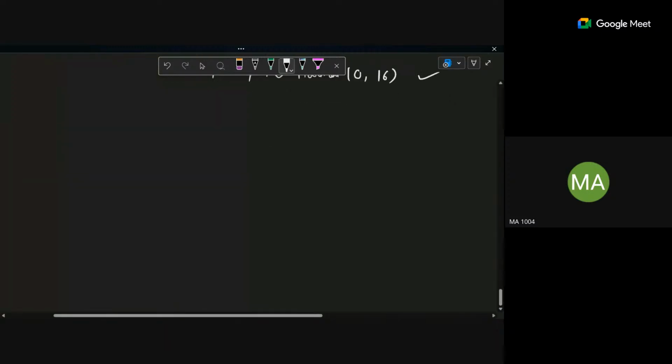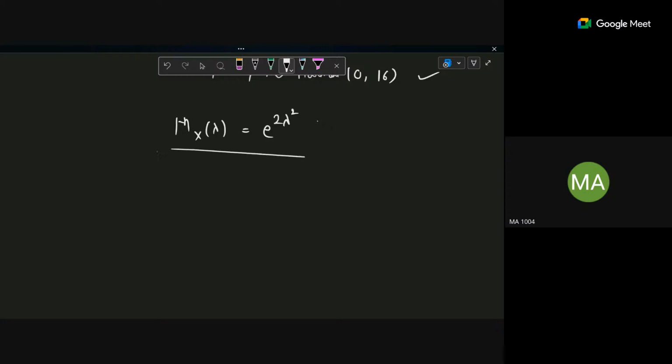Another thing you can do: given that x is following what distribution, I think it was not given. The MGF of x is given: M x of lambda is e to the power 2 lambda square. So can you tell me quickly what the sigma square is here?